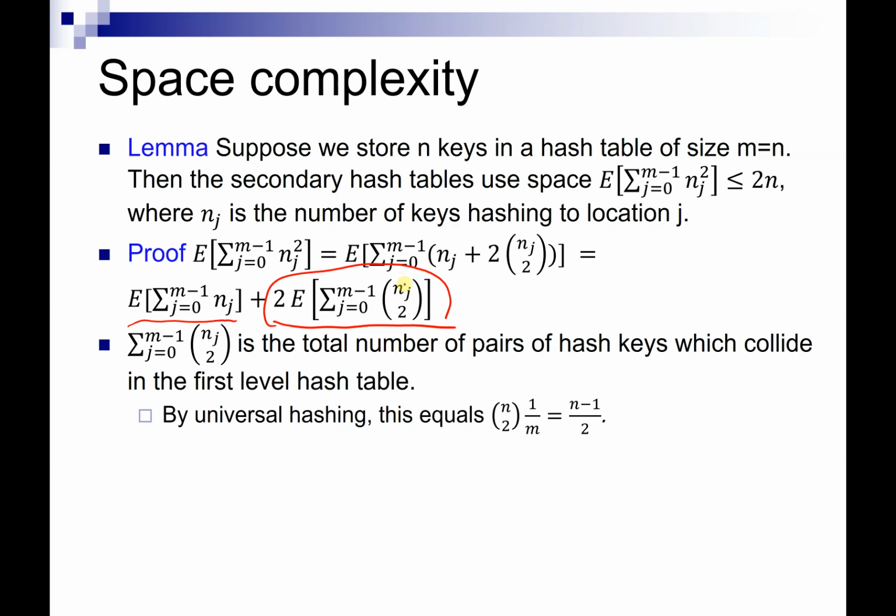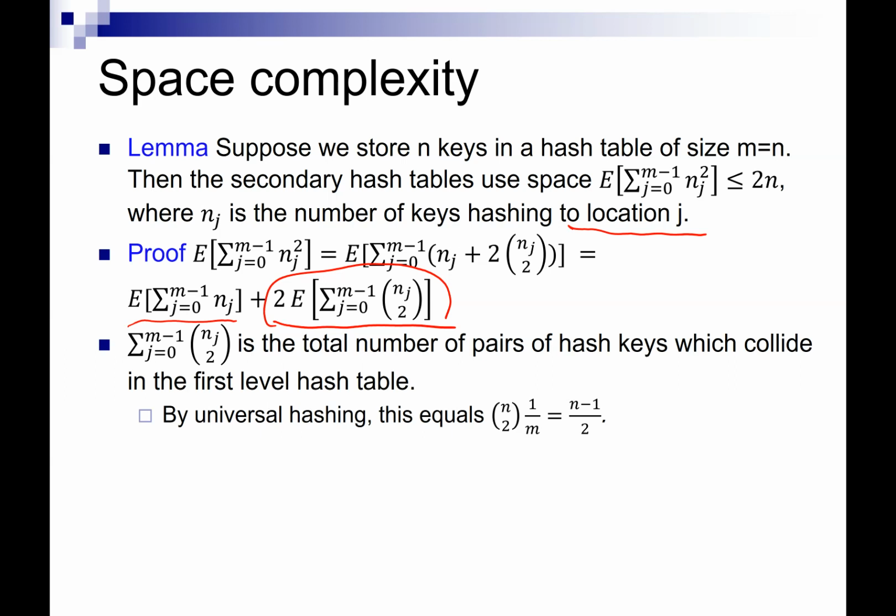There are nj choose 2 of these pairs of keys that collide with each other. And any pair of keys that collide with each other have to collide somewhere in the first layer hash table, in one of these locations j. So they're accounted for when we sum over all of these nj choose 2s.